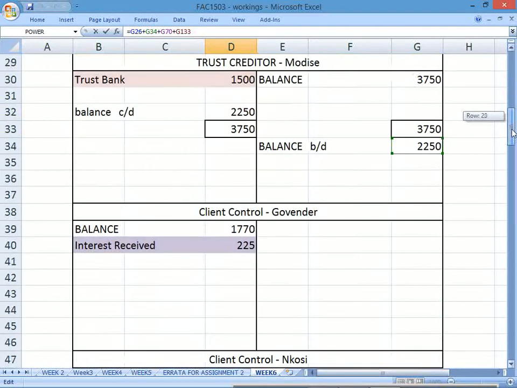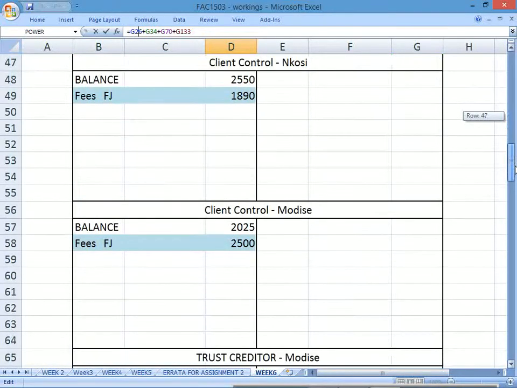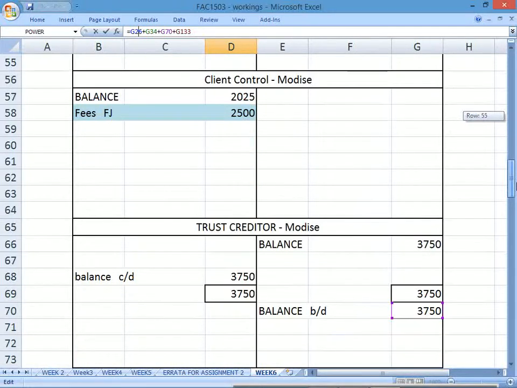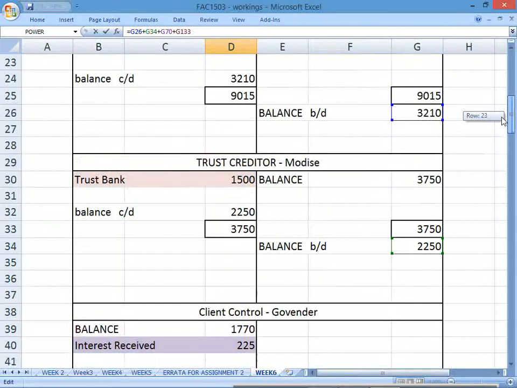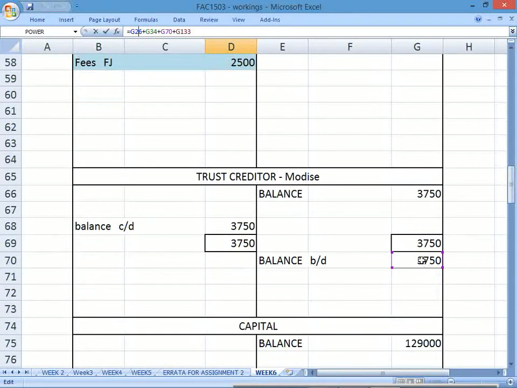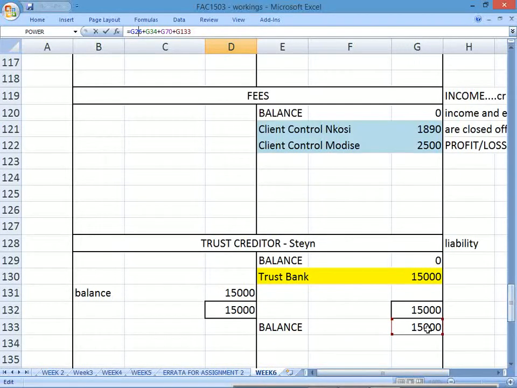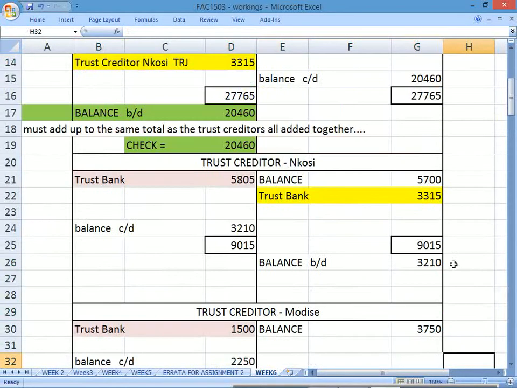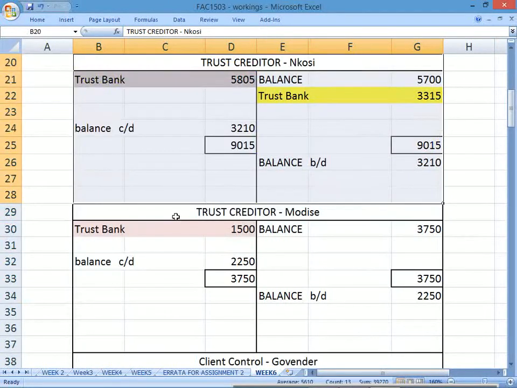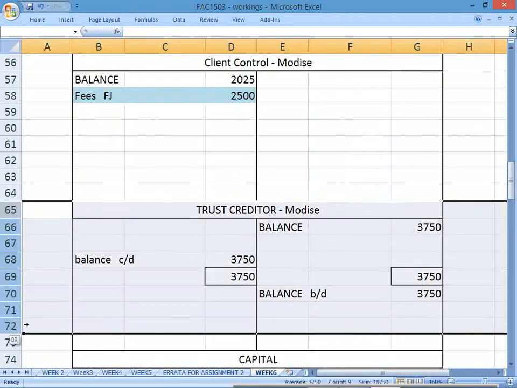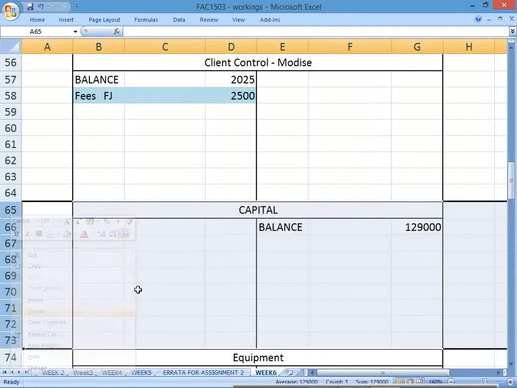Plus 2,250, plus, no, you had Modise as well. Trust creditor Modise. Oh, I had two Modises. Sorry. I only have one client, and then the other one plus that one. So there's two Modises. Duplication here. I'm wondering why it's not working. There, yeah, that works. So here's my trust Nkosi. Here's my trust Modise. I had two trust Modises here. This one needs to go. Duplication. Delete.